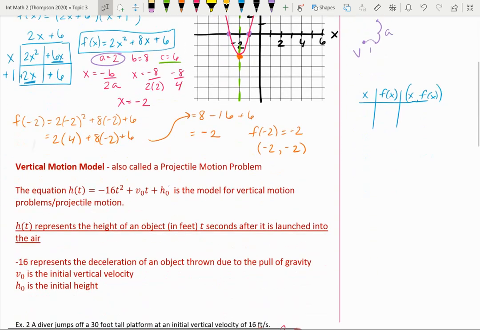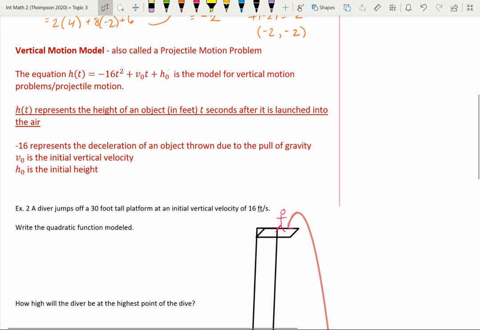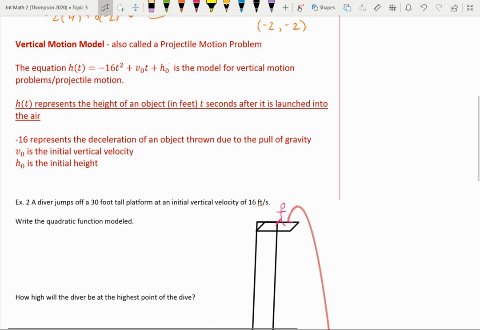The next idea is a vertical motion model. I've heard this more commonly called a projectile motion problem. If you hear one or the other, just know that they're the same thing. Vertical motion meaning I'm having something come up and then go back down, as opposed to side to side.